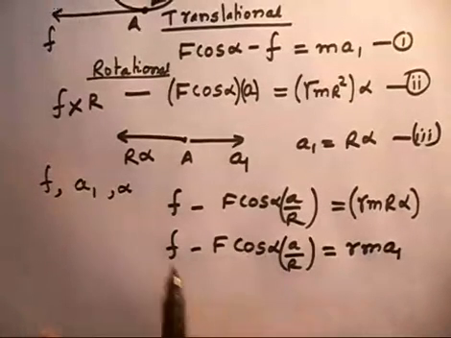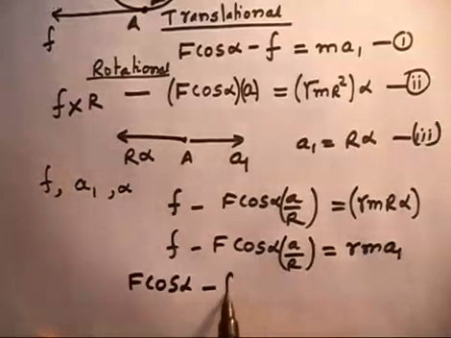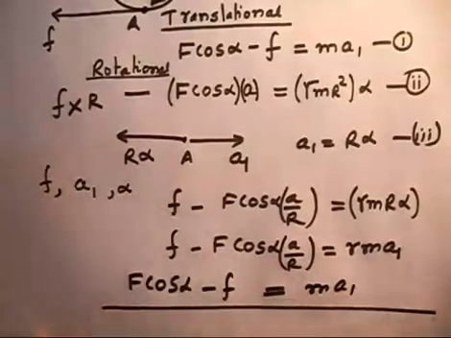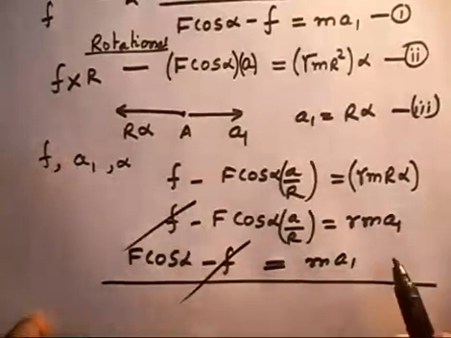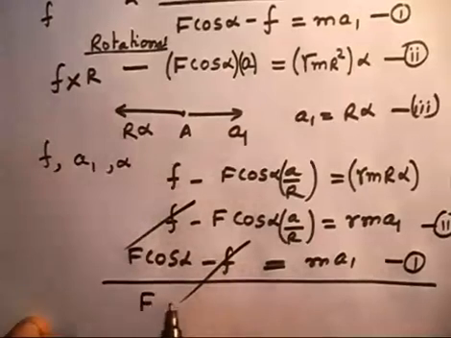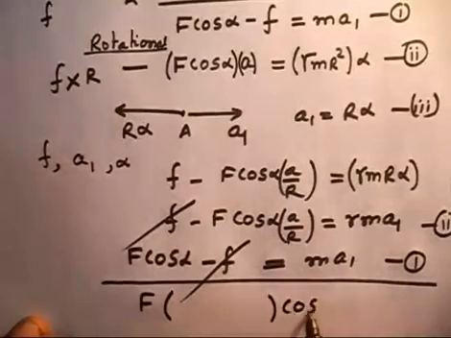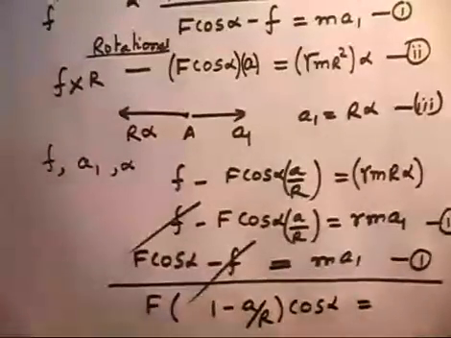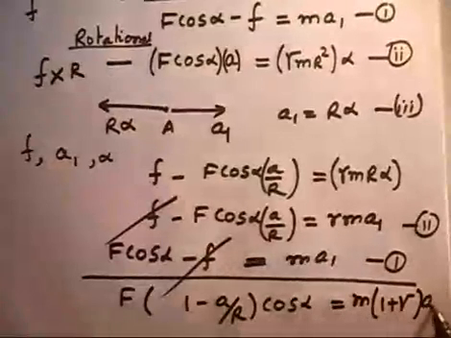Now if I add equation 1, that is F cos alpha minus F is equal to m A1, and add these two equations, what will we get? F cancels out. So this is equation 1, and this is equation 2 in a new form. If I take F common, cos alpha is also common, so 1 minus a by R is equal to, if I take m common, 1 plus gamma times A1.